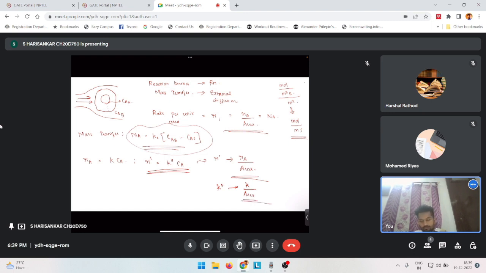So now R overall will be K double dash into CAS, which is the concentration of A on the surface. So this R overall is basically equal to R1 or this rate. Yeah, this is CAS, sorry.